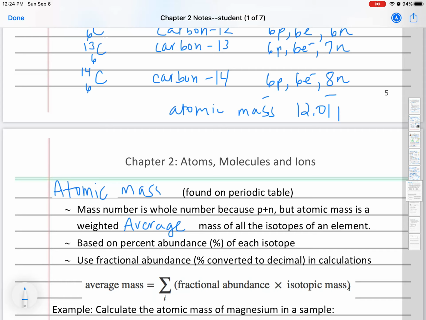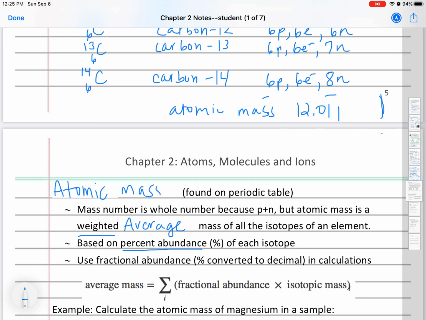So it's not exactly 12, and it's not an average of 12, 13, and 14. It's a weighted average, okay? So it's actually an average mass of all of the isotopes based on their percent abundance of each isotope, okay?